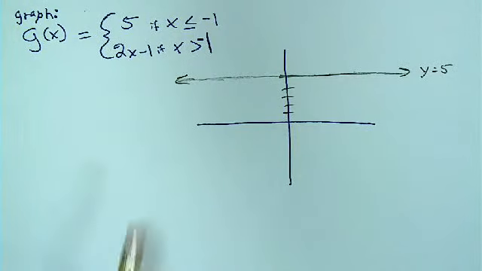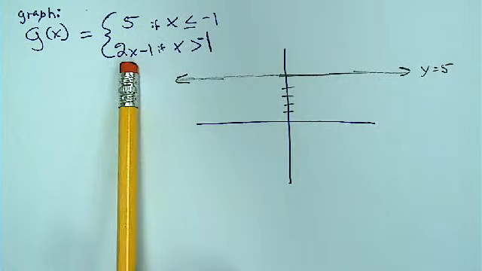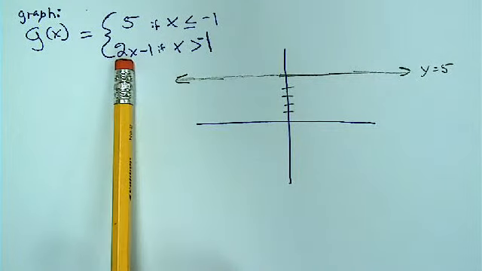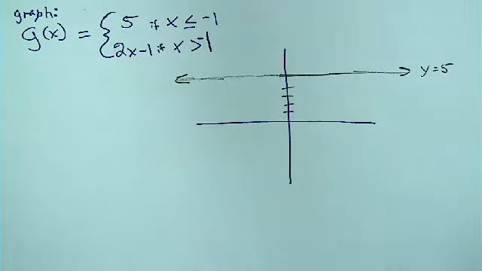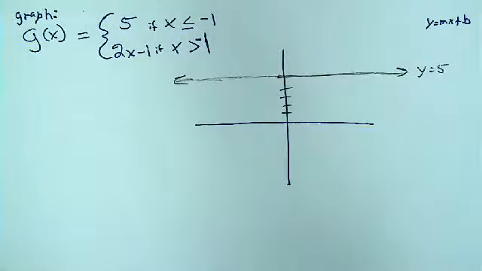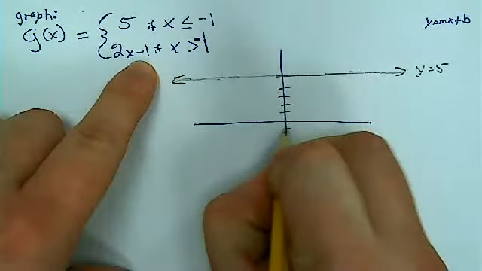What about 2x minus 1? What's my intercept? Think back, y equals mx plus b. Negative 1. Okay. So there's negative 1.